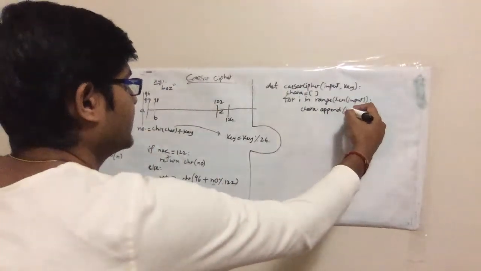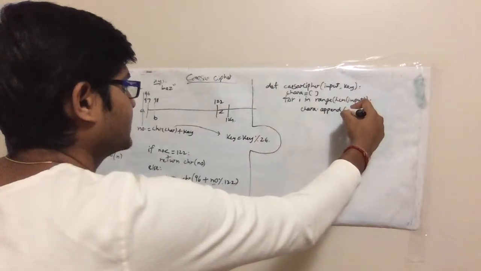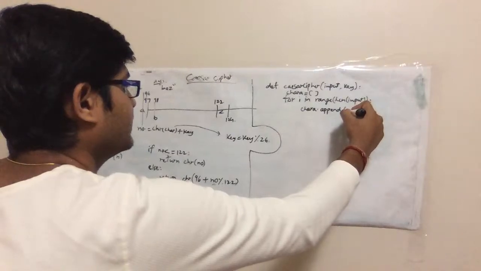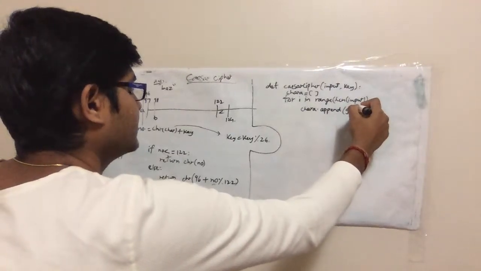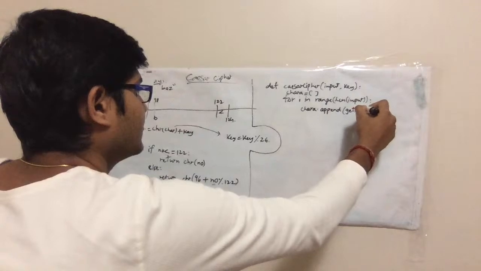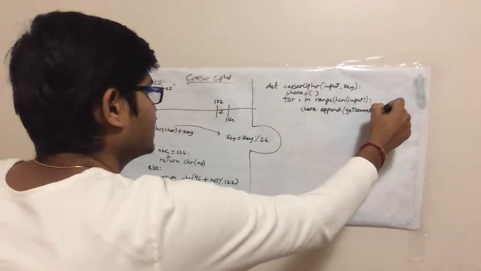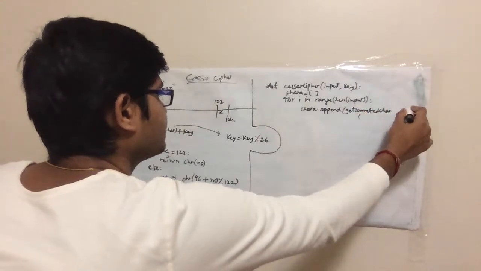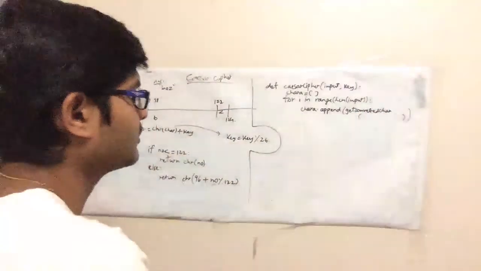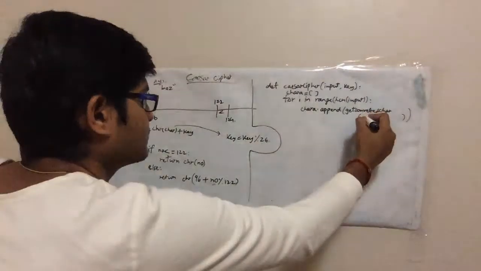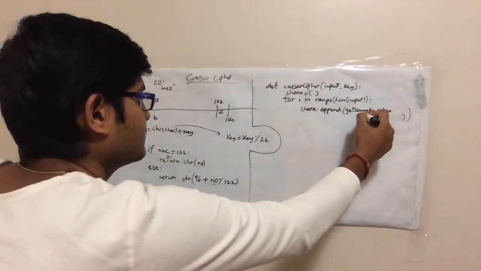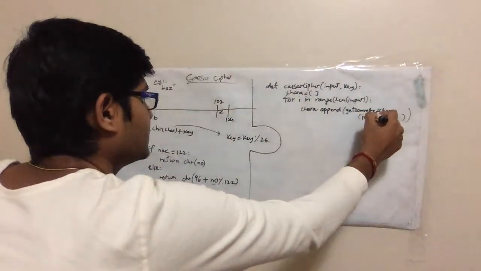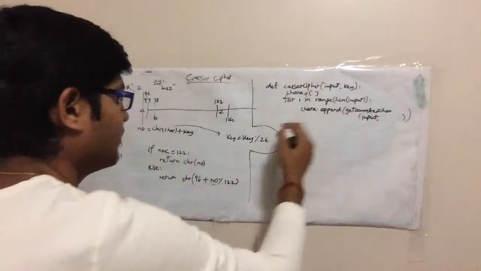I will create a new helper function, get converted character, which needs the input of this input, and we will see what else is needed.